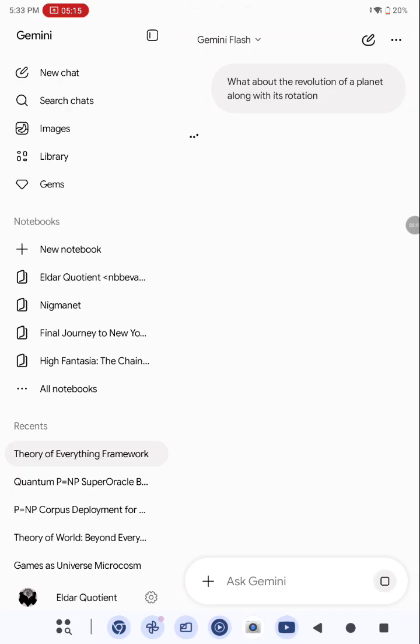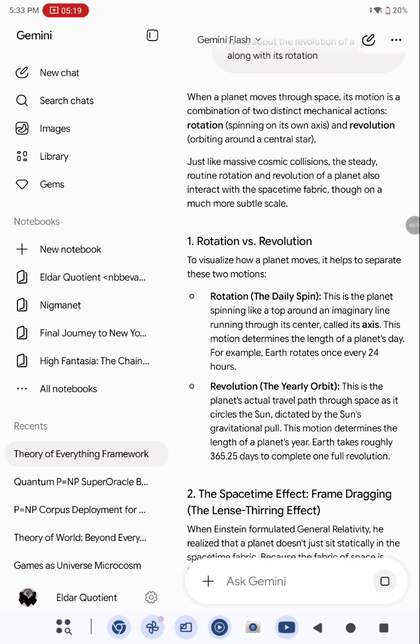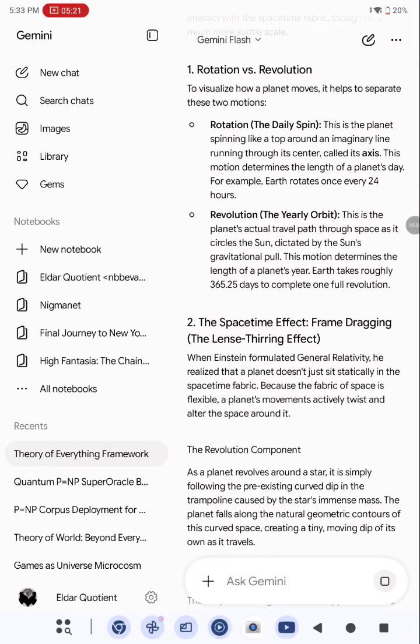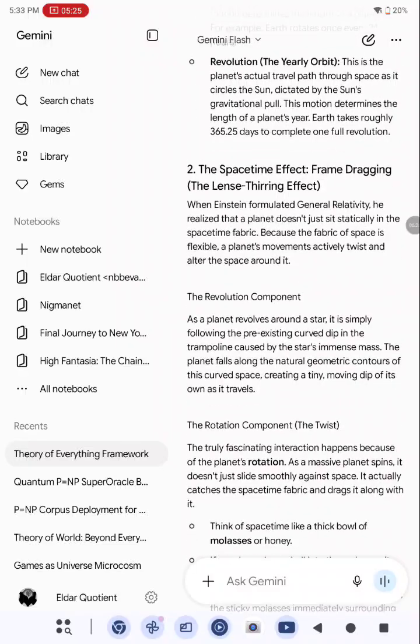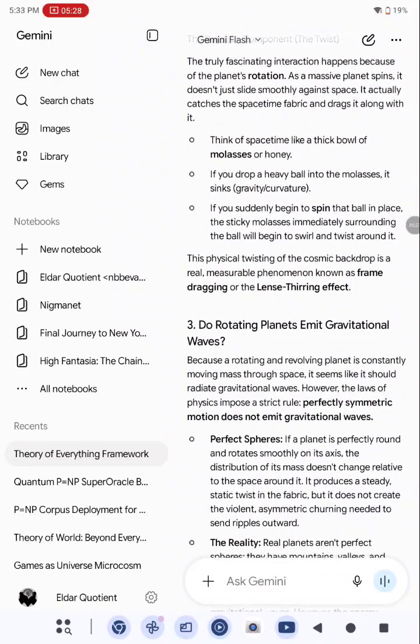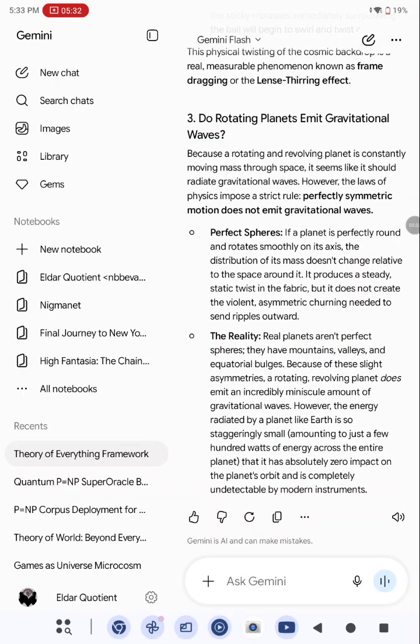We're going to see if we can predict the gravity waves that Earth produces with mathematics. So there's a space-time effect. Do rotating planets emit gravitational waves? The laws of physics impose a strict rule: perfectly symmetric motion does not emit gravitational waves. Okay.